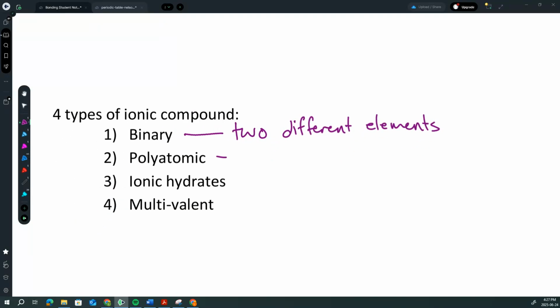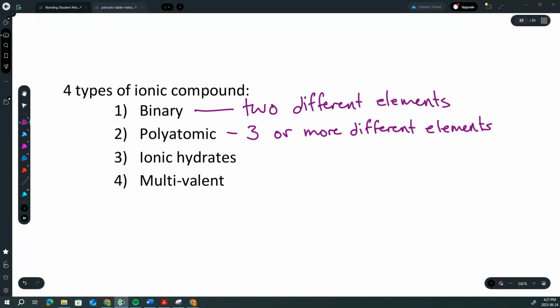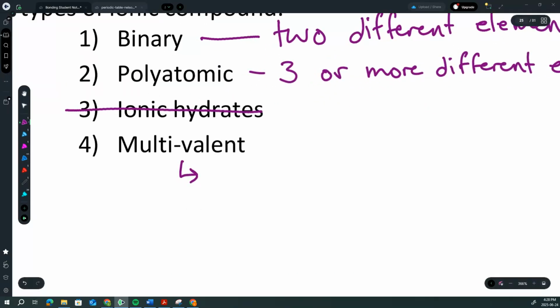With polyatomic, that means that there's 3 or more different elements. Ionic hydrates, I skipped over that because that is an AP or an IB topic. So for regular chemistry 20, you do not need to know ionic hydrates. Number 4 is multivalent. So remember, those are metals that have more than one possible charge.